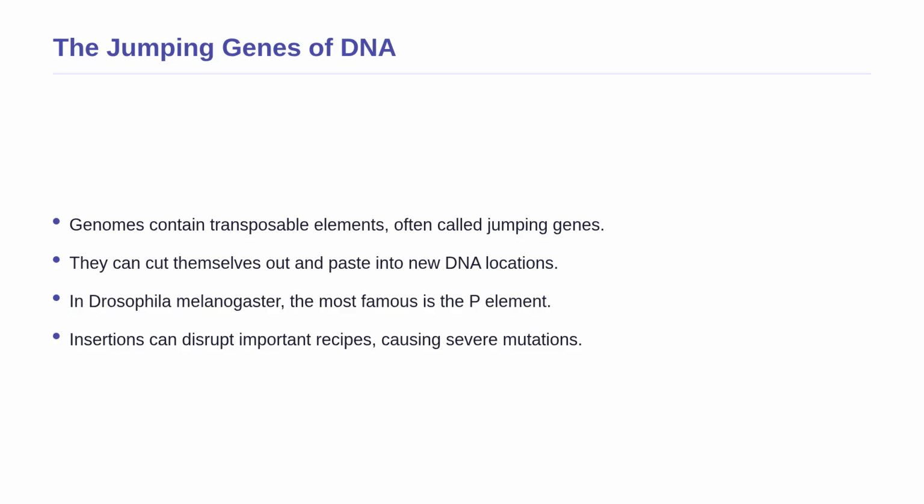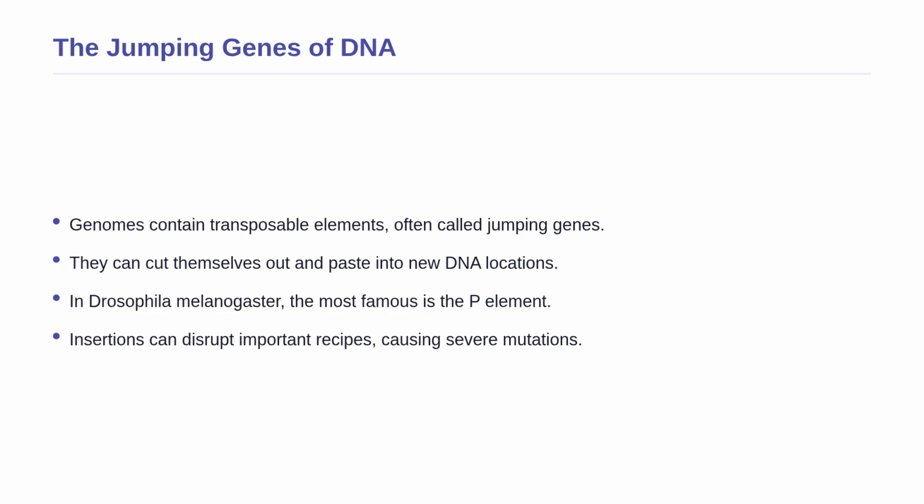To begin our journey, we must first understand what a transposable element is. Why does this matter? Because DNA is usually thought of as a stable, fixed blueprint. However, genomes actually contain transposable elements, which are essentially jumping genes. They have the remarkable ability to cut themselves out of one location and paste themselves into a completely different part of the DNA.